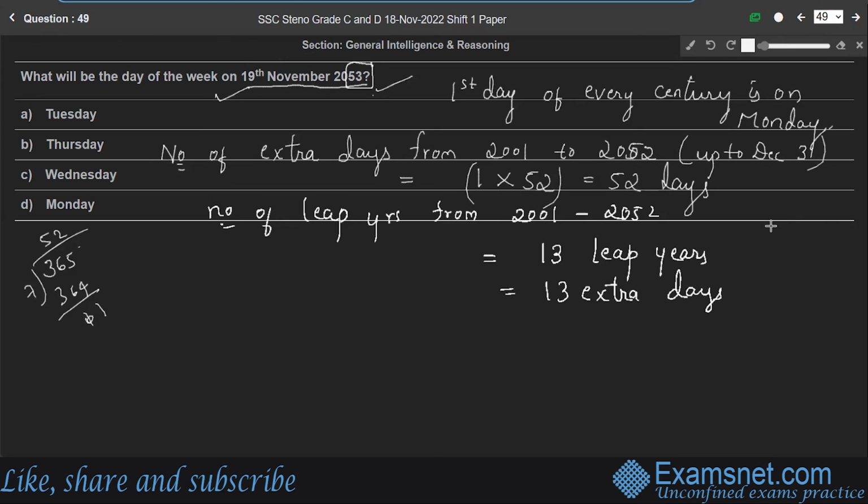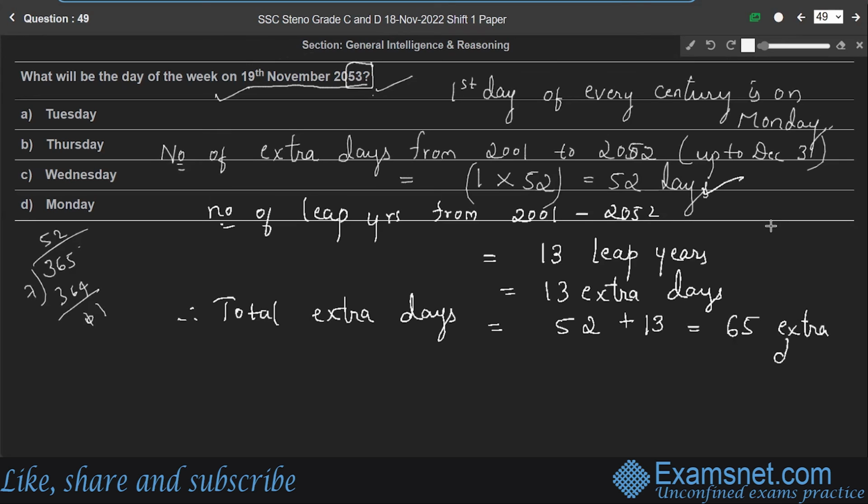13 extra days. Therefore, total extra days are 52 extra days, right? Plus 13 extra days in 13 leap years. Together it becomes 65 extra days. These extra days make how many weeks? 65 by 7.